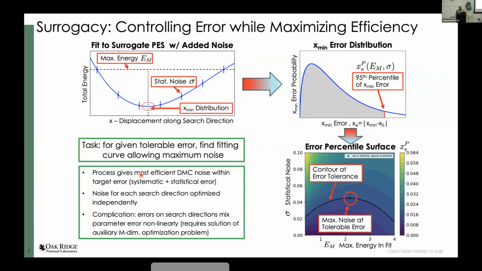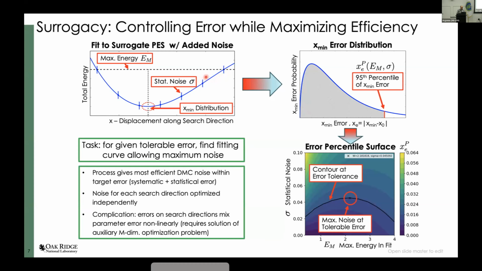Okay, so how do you do that? In the method, we use the surrogate to give us a slice through the PES. And then imagine doing successive energy windows that set the grid extent that you're going to do a line search on. So you have two parameters. One is how high on the PES you're going to climb, setting your grid extent, how far you're going to do a line scan through. And the other is the value of the statistical noise which you're going to employ as a target for the energy in DMC.